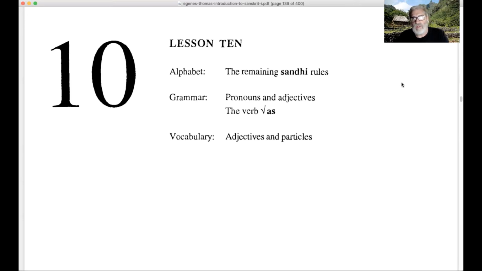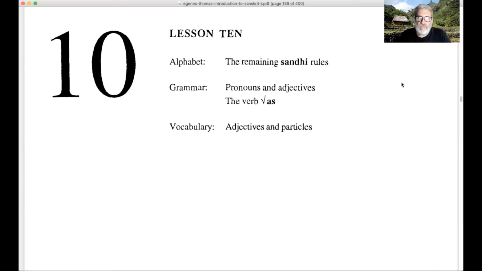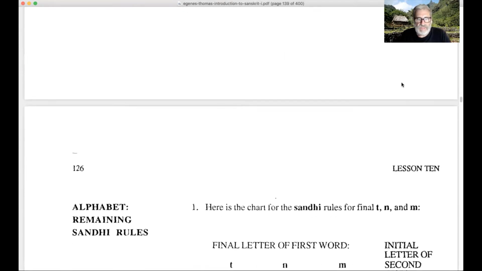They're basically declined like nouns. We also have the root verb as, to be, and some more vocabulary including adjectives and participles. So let's have a look and see.